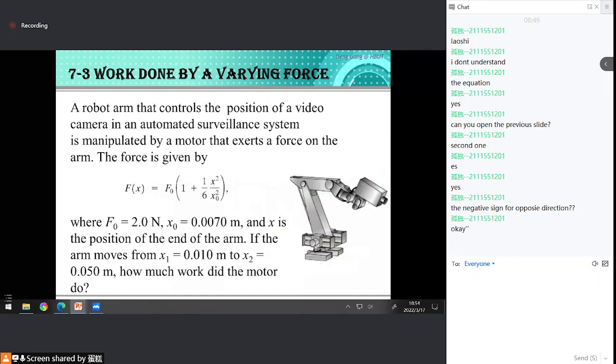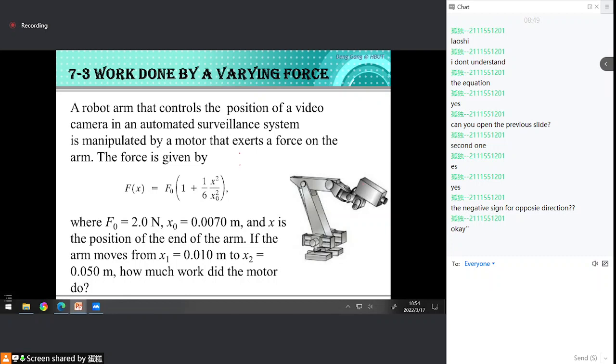Okay, so let's go on. This arm is programmed to work according to this equation. Now we want to calculate the work done by the motor. It moves this from x1 to x2. So this here is a varying force in only x direction.